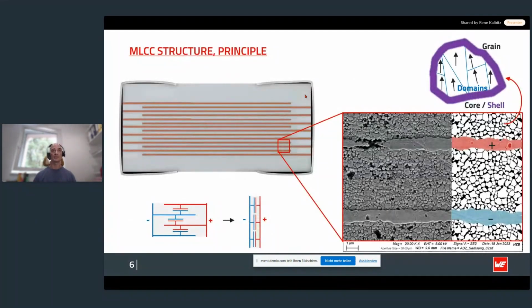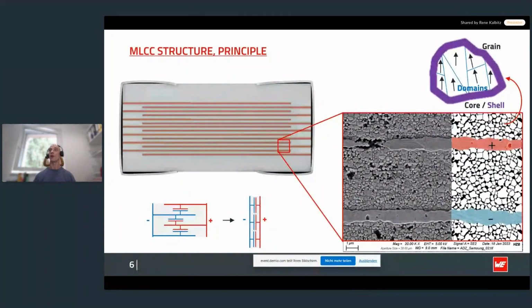In principle, the MLCC consists of interdigitating electrodes of alternating polarity, which, as in this example here, can form a parallel connection of capacitors, leading to an increased effective electrode area.